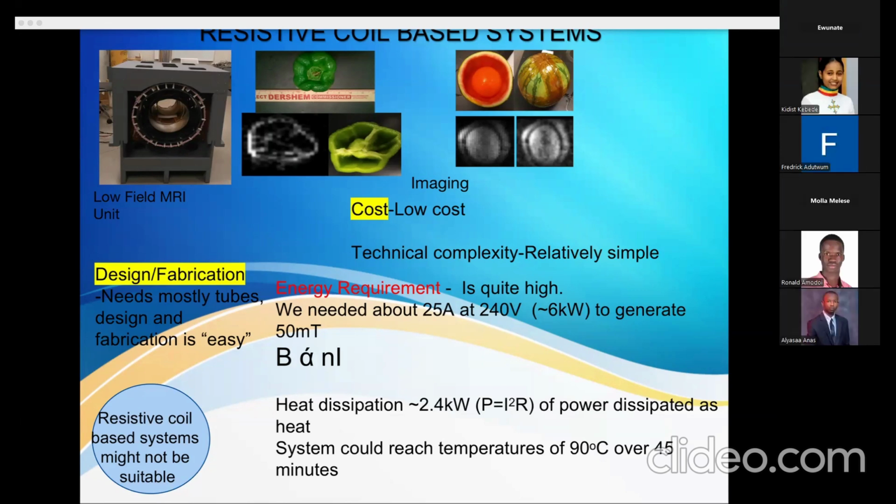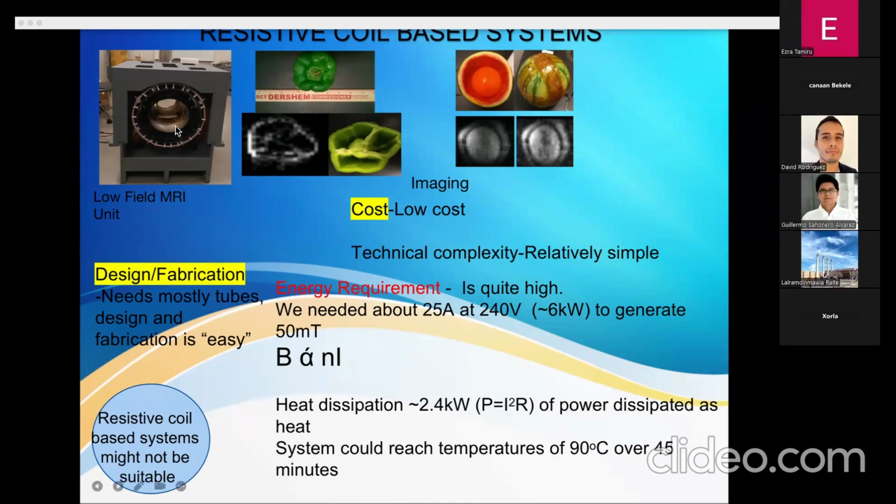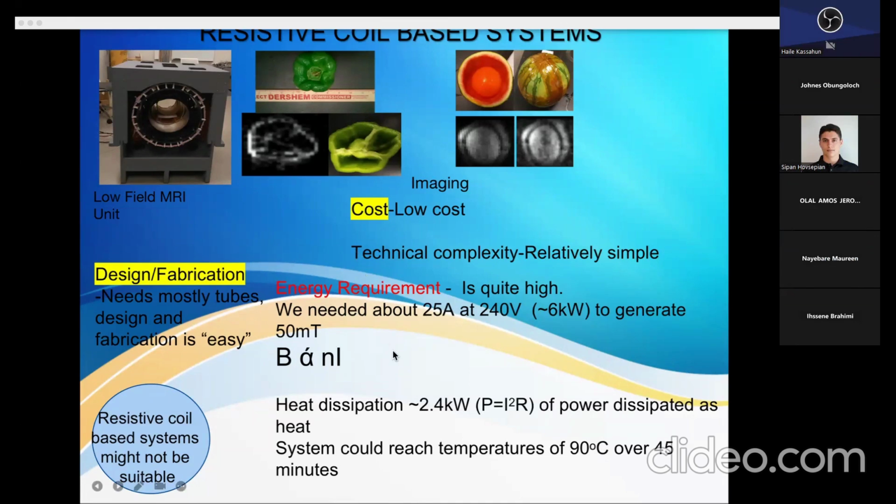No patient willfully will accept to go inside a system like that, because the temperature inside the bore would also be in the 50s, even with free airflow. So you realize that this system already needed cooling. And when you include cooling into the mix, the system becomes a little bit complex.